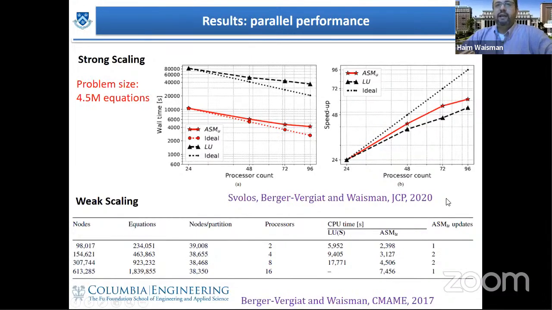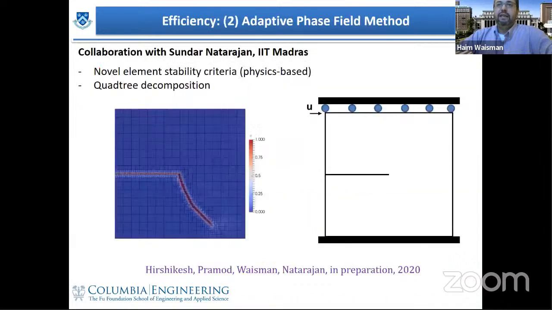And then my final slide, essentially, is another way to efficiently treat the problem. Here I want to introduce my colleague Sundar Natarajan from IIT Madras, who is a collaborator on this work.